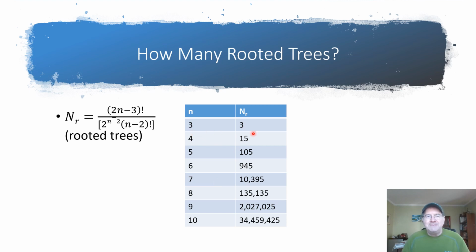So as I illustrated for you, for 3 OTUs, there's 3 rooted trees. 4 OTUs, there's 15 rooted trees. 5 OTUs, there's 105 rooted trees. You can see this is not increasing linearly. 6, 945, 7, 8, 9. When you have 10 taxa, there are 34,459,425 different ways to express the relationships among them.